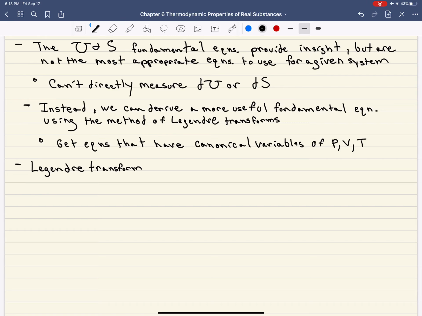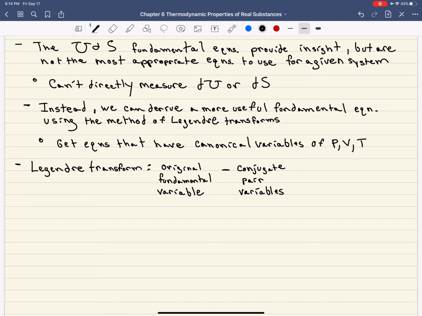Right? And so the way to think of it, a Legendre transform is just taking your original fundamental variable, say, for instance, U, your internal energy. And then what you do to it is you subtract off a conjugate pair of those variables.